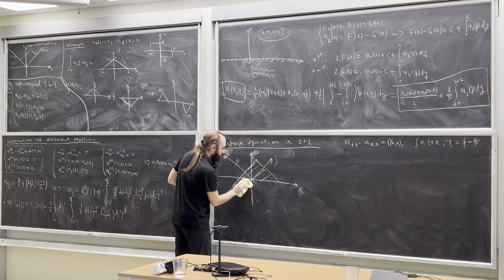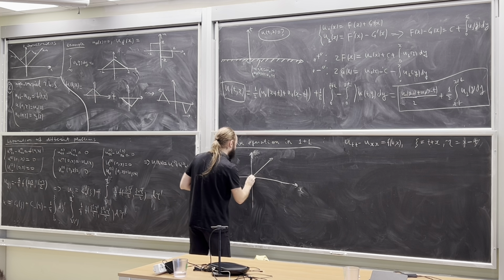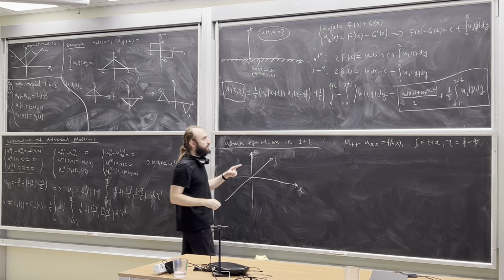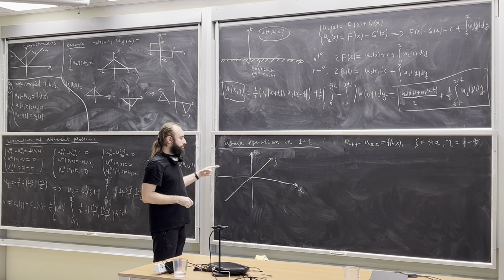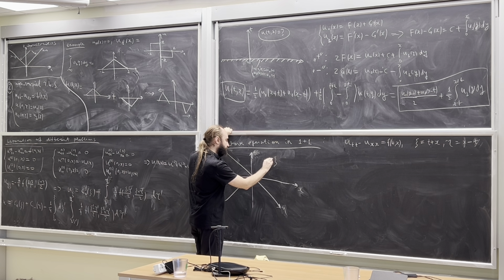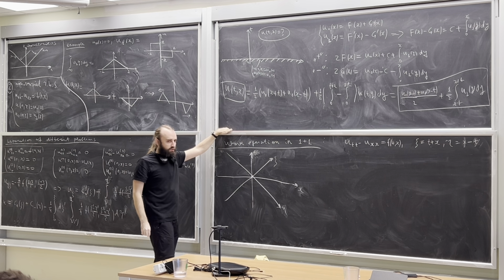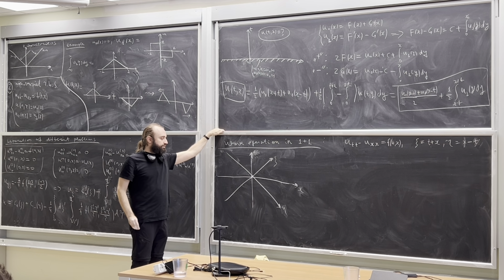So again, when t and x both grow, then we have the x-axis. When t decays and x grows, then we have this axis, eta, directed like this. But we still want to have this integration domain.